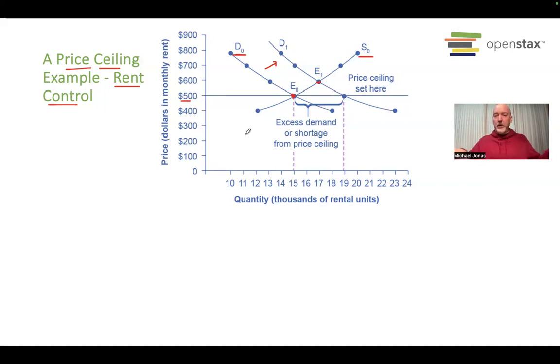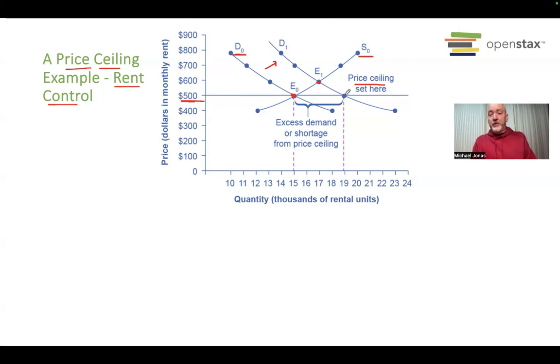We're going to pass a law that sets the maximum price, enact this price ceiling set at the initial equilibrium of 500. Well, okay, that does what it's supposed to do, puts a cap on that price, doesn't allow people to charge more than $500 in rent.